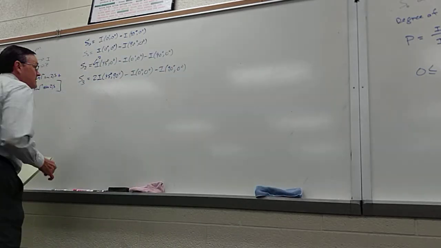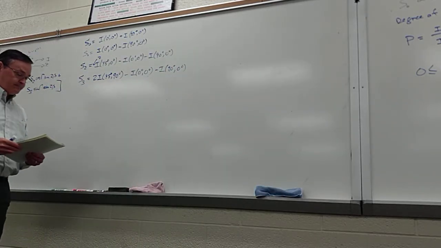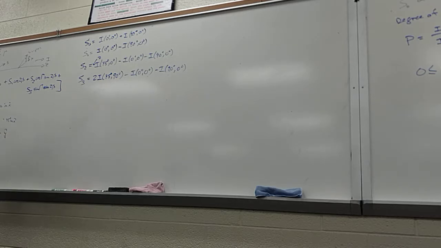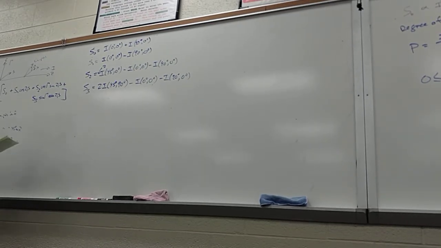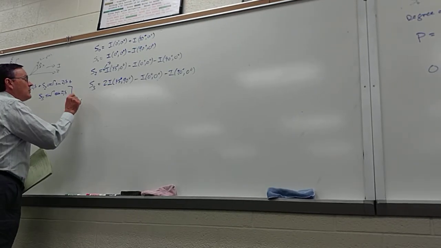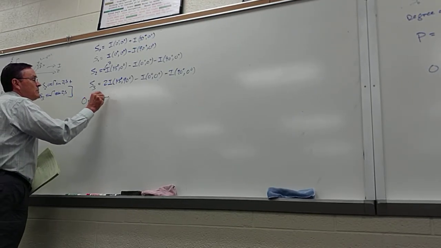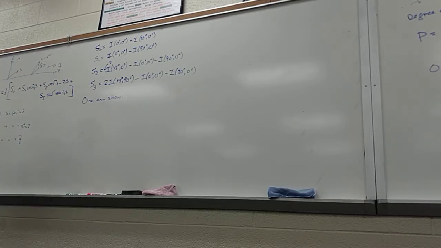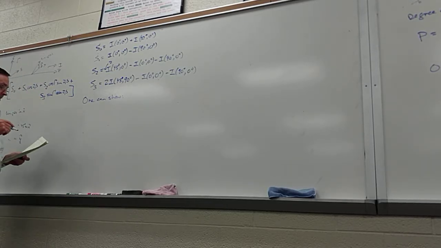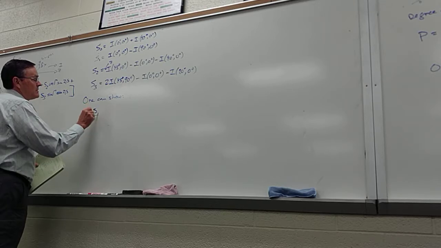If you go back to our definitions of the components of the Stokes vector, it turns out that, again, one can show, and I'm not going to do all the showing, that you can also write the Stokes vectors in the following way.